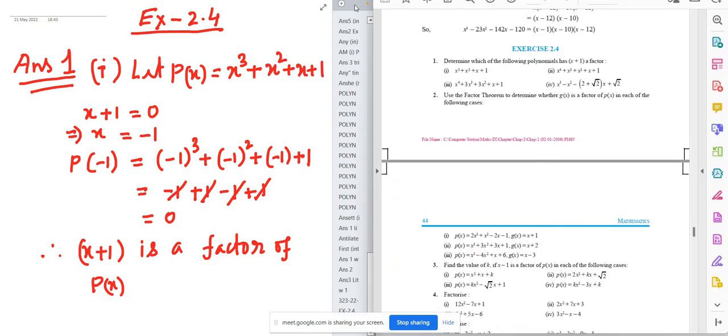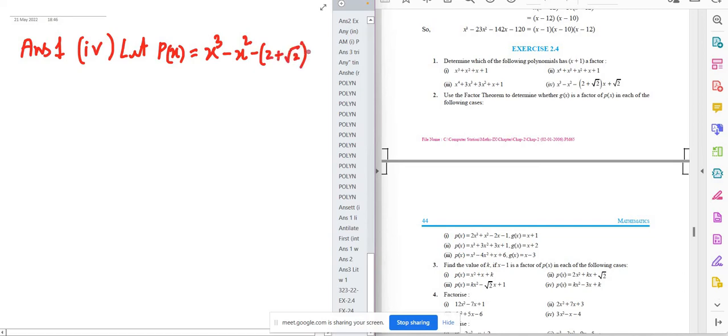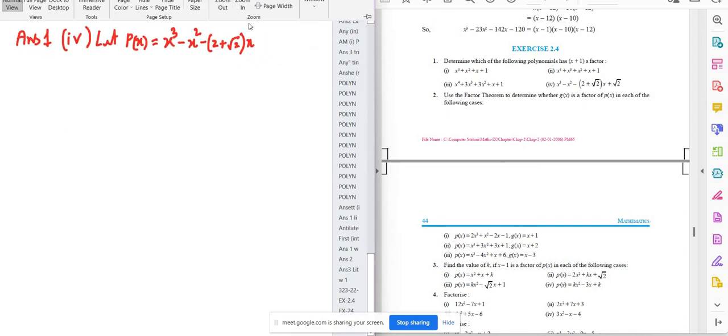Now check the fourth one. Fourth part. So let p(x) equals x cube minus x square minus (2 plus root 2)x plus root 2.